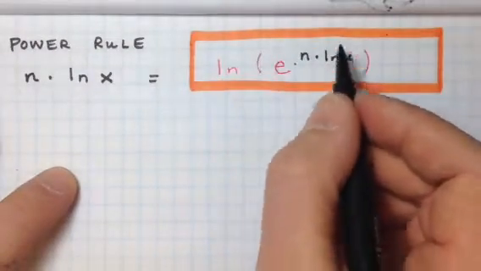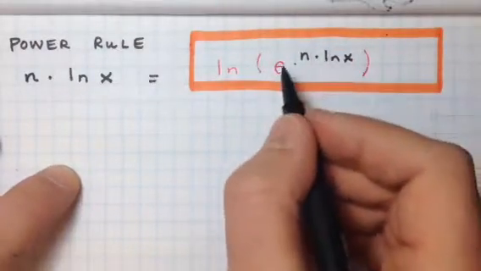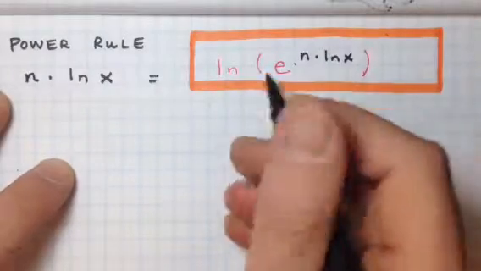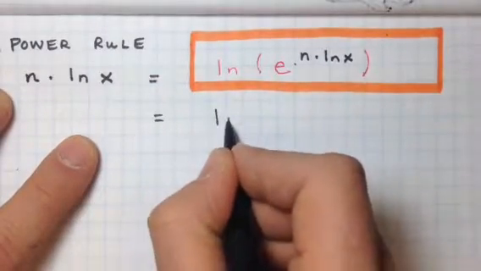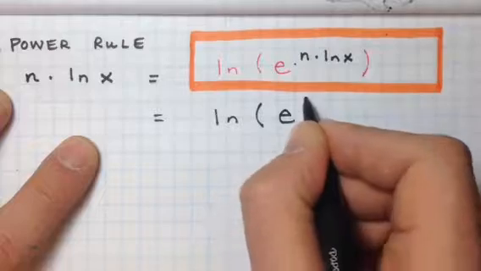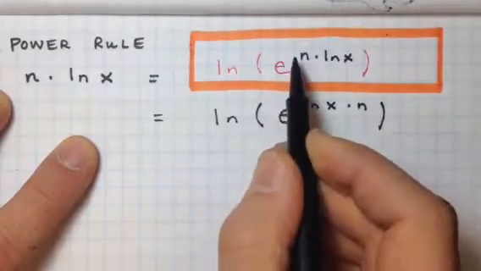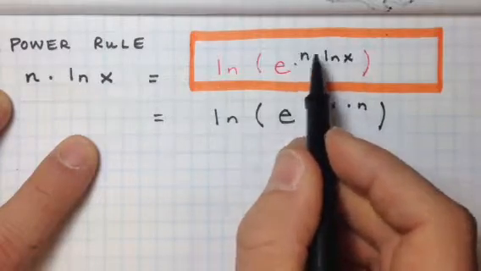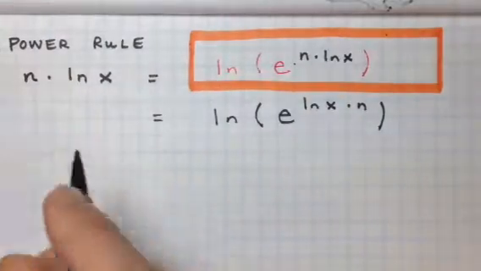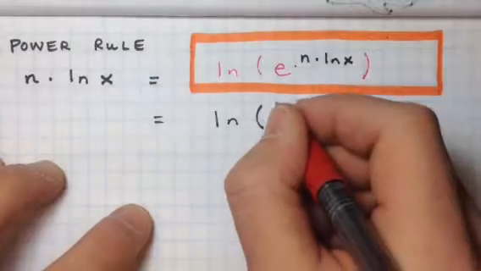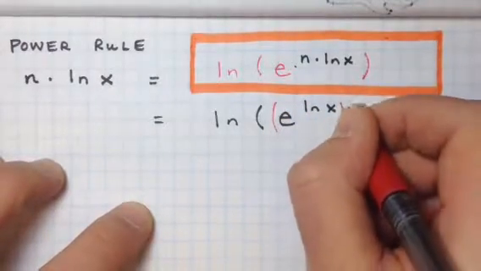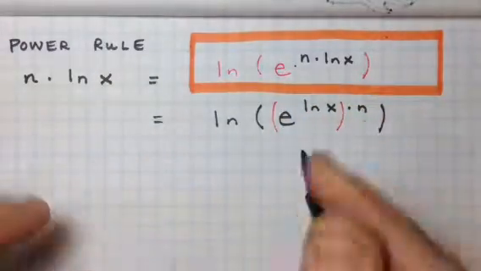And so if we look at this expression right here, concentrate on the e part, this can be reorganized. I'm going to write it as natural log of e to the natural log of x times n. All I did was I switched these two terms using the commutative property. And once we do that, we've got something useful going on right here.